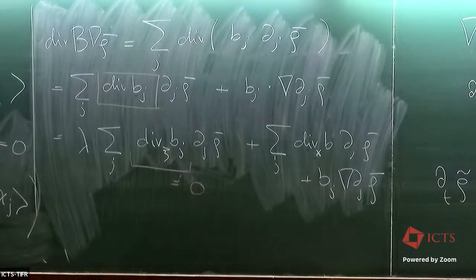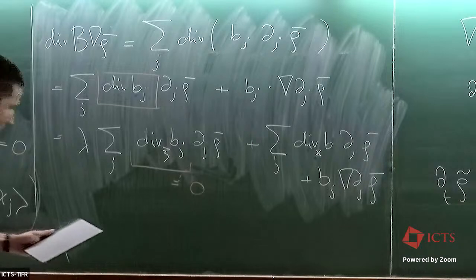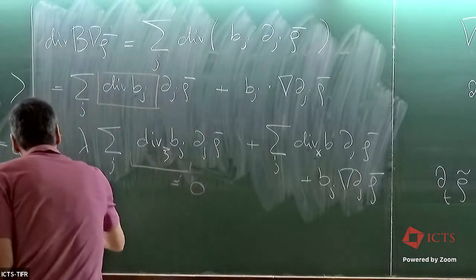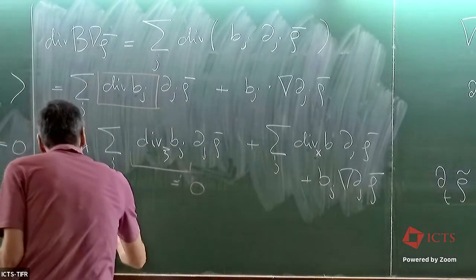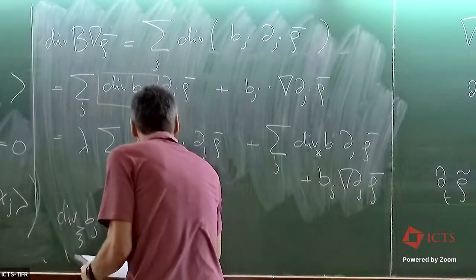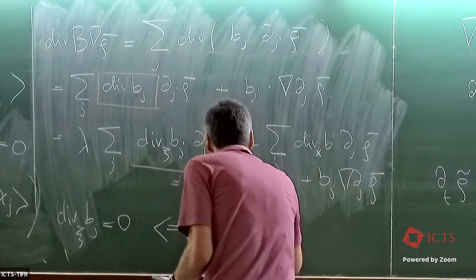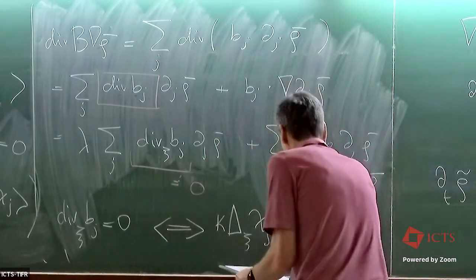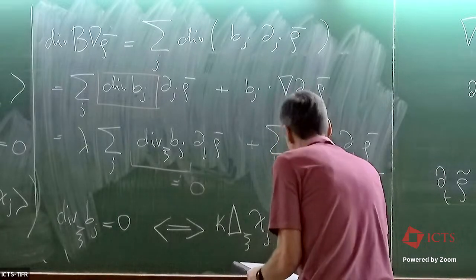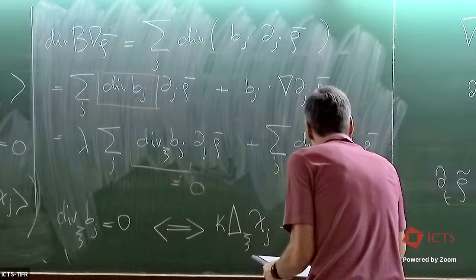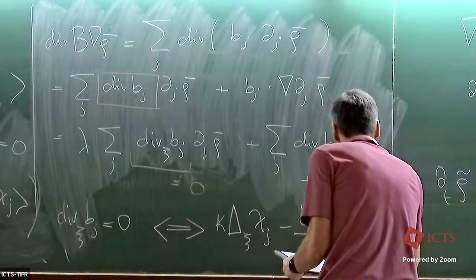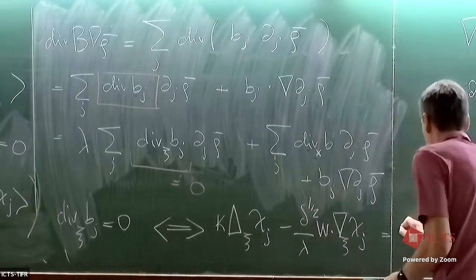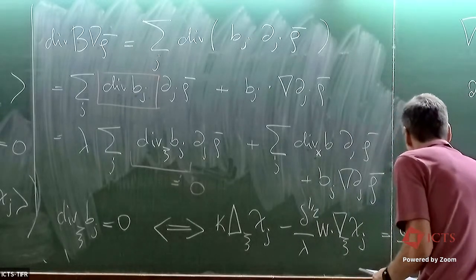Okay, now it turns out, what is the divergence in the psi variable of this? You do the computation, you get the cell problem. So the divergence in psi of bj equals 0 is precisely what we already know, the cell problem for the chi-j's, equals delta to the 1/2 over lambda wj.